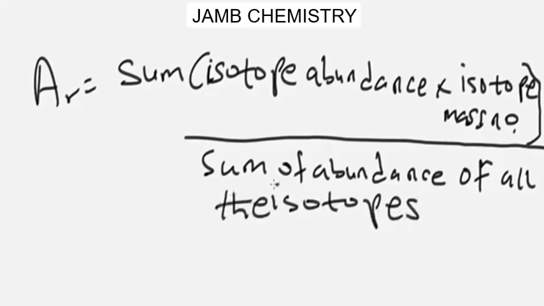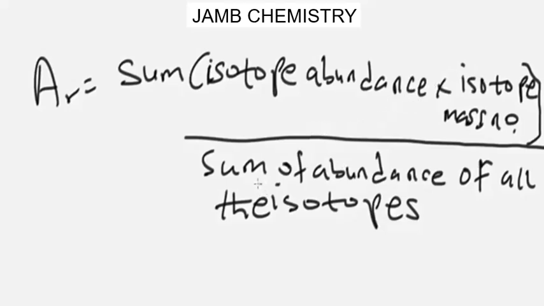So this is a basic formula that you can use to calculate the relative atomic mass of an element: sum of isotope abundance times isotope mass number over the sum of abundance of all the isotopes.